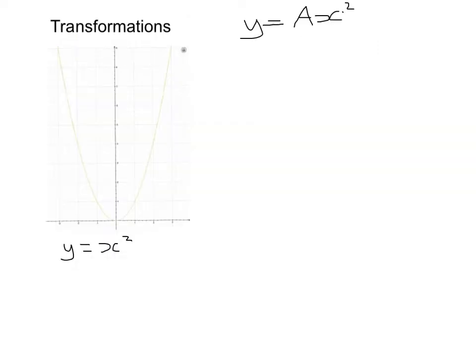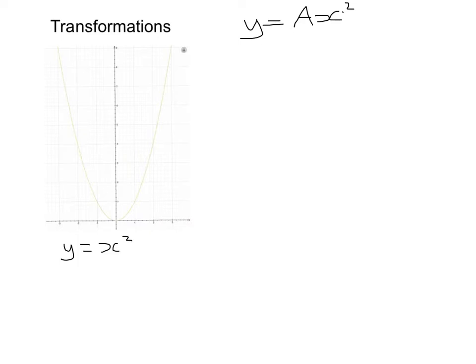Now I want to look at some of the transformations of the parabola. So we'll start with the form y equals ax squared. So if we change a, which can be any number, how does that affect the parabola? So remember, this is our normal y equals x squared, where we go out 1, up 1 on both sides, out 2, up 4, out 3, up 9.